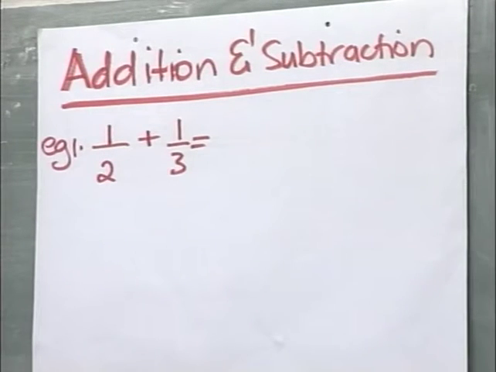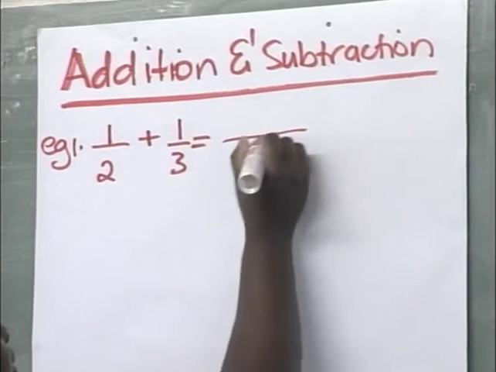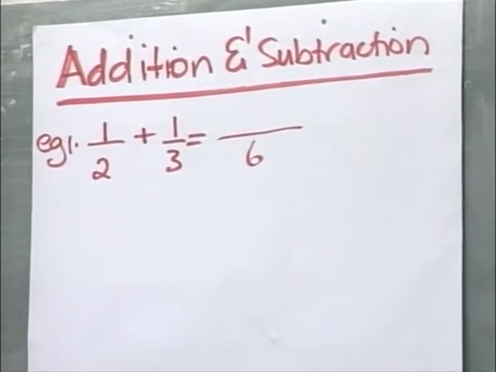Siegfried, I want to add a half and 1/3. What do I need to do first? Find the lowest common denominator. Okay, what is the lowest common denominator of 2 and 3? 6.